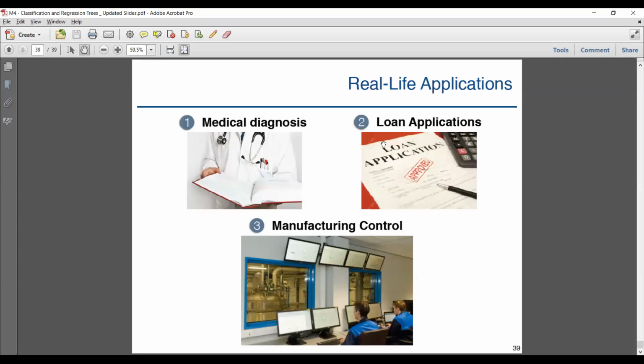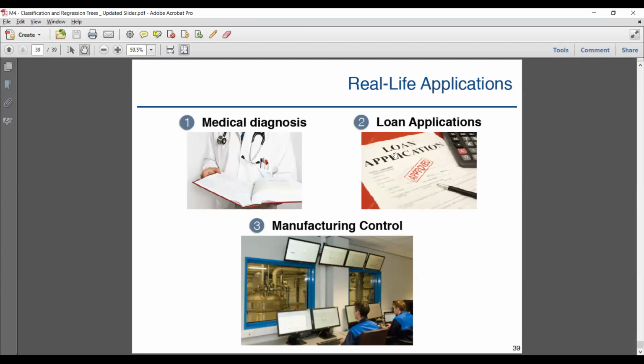Some of the real life applications that it's used for, so medical diagnosis. If you have, let's say, different variables, it could be the different symptoms that a person has, their test reports, and a lot of other things. They could all go into this model, and the model could be helpful in some medical diagnosis.